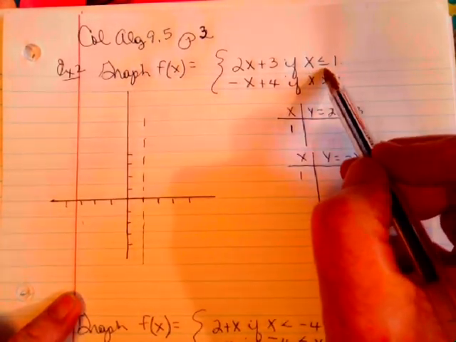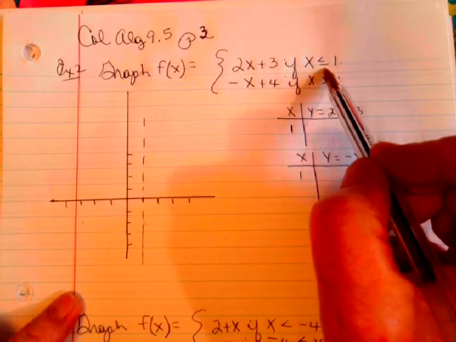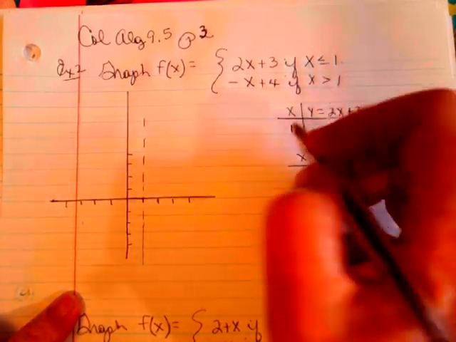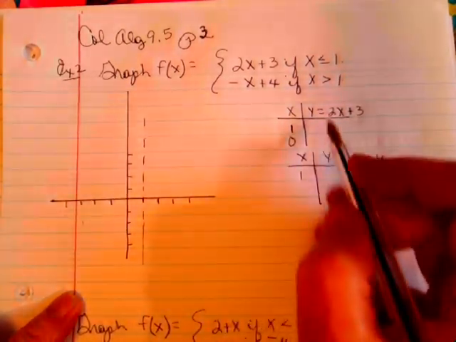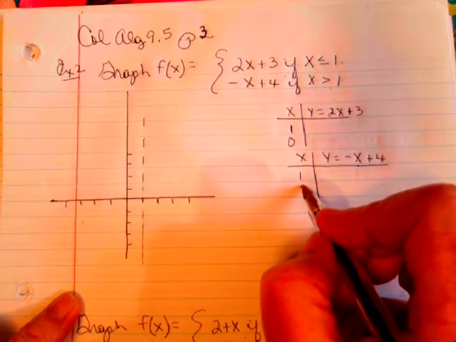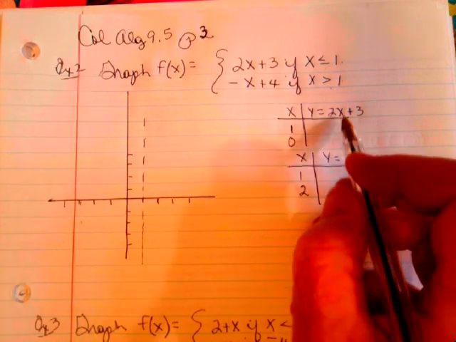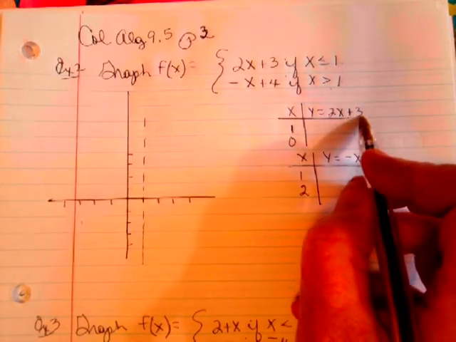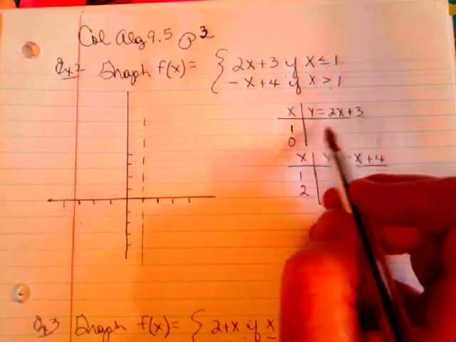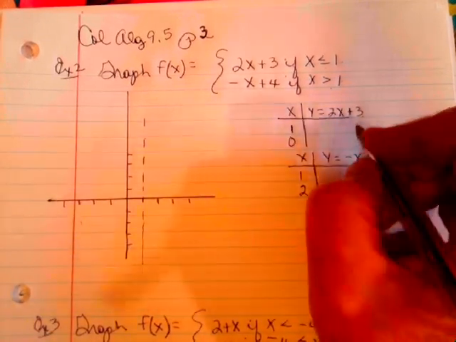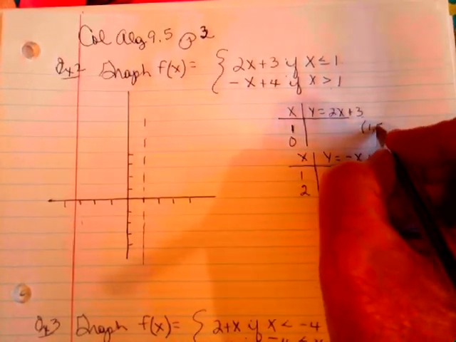I look at this inequality sign and I think, okay, for table 1 I want something less than 1, which is 0. For table 2 I want something greater than 1, which is 2. When you plug 1 in there, you get this ordered pair, 1, 5.